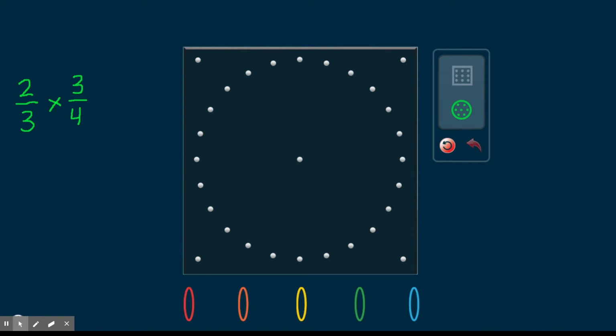So as I solve this problem, I'm going to interpret it as 2/3 of 3/4. So the first step I need to do is build my 3/4 on my Geo board. One fourth, 2/4, 3/4.